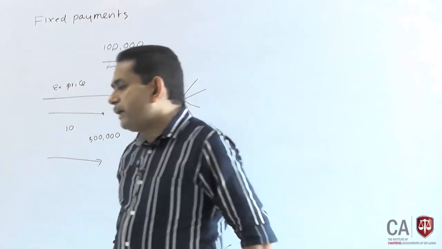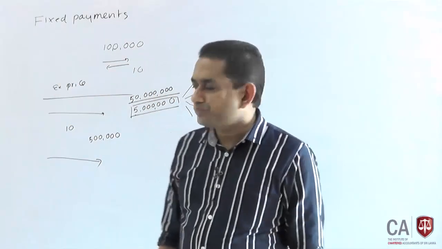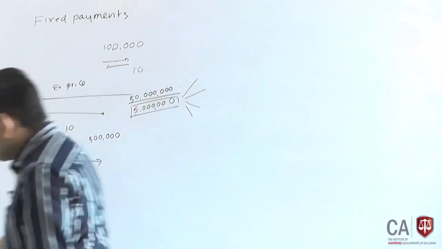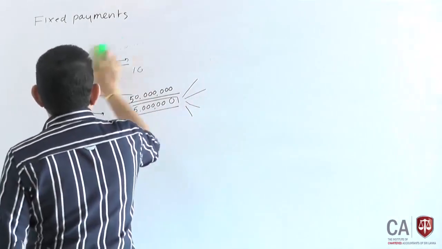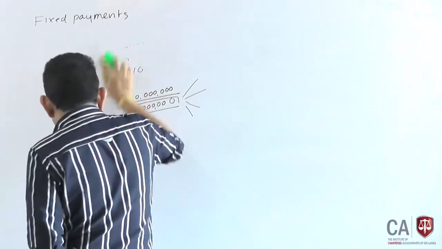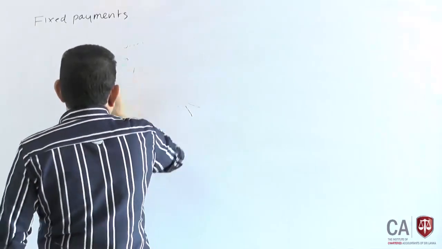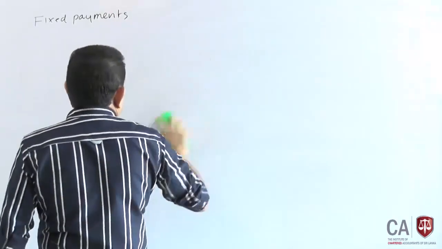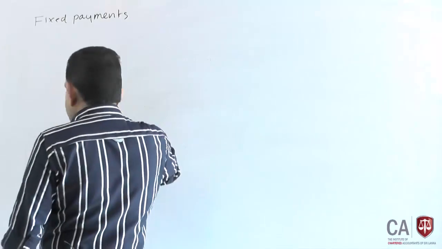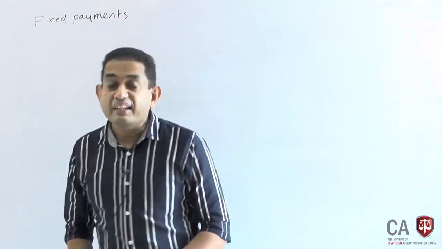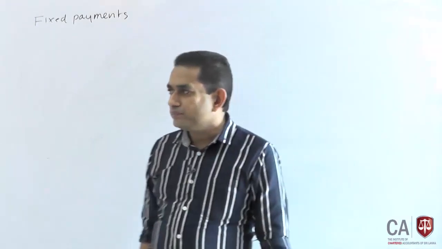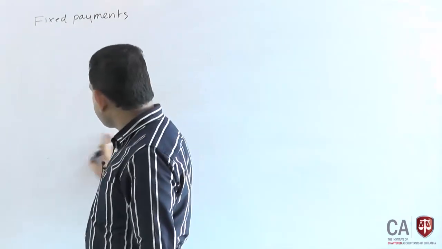Expected residual value guaranteed. It is like this. Now, there can be guaranteed residual value by the lessee or by a party related to the lessee. That guarantee will be given to the lessor either by the lessee himself or by a party related to the lessee. Now, let me explain.